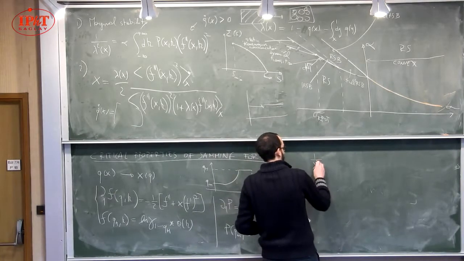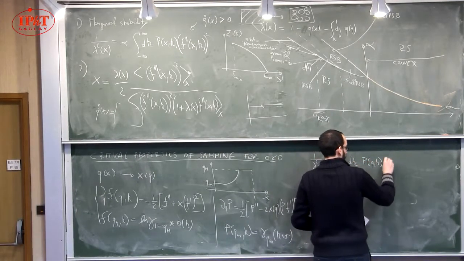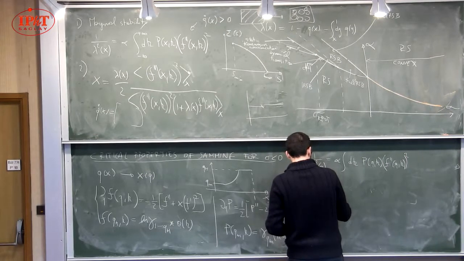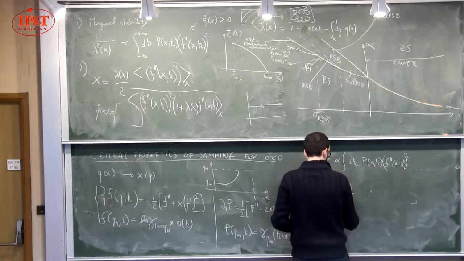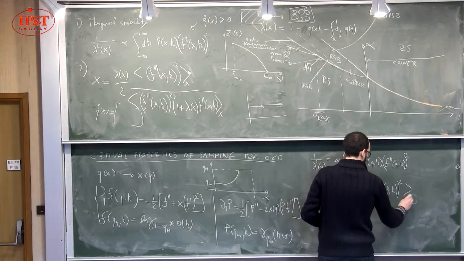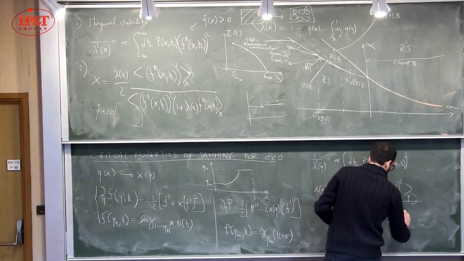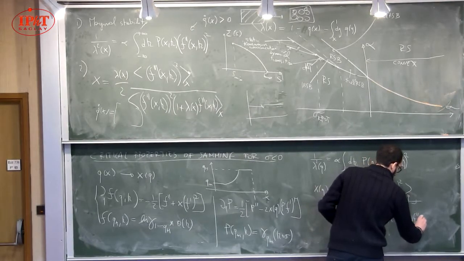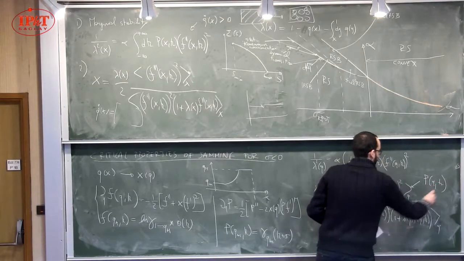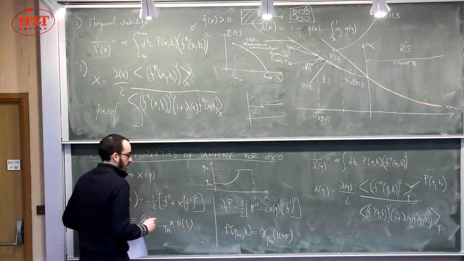So you have 1 over lambda, and this average is done with P of Q and H. Sorry, the prime is still the derivative with respect to H.